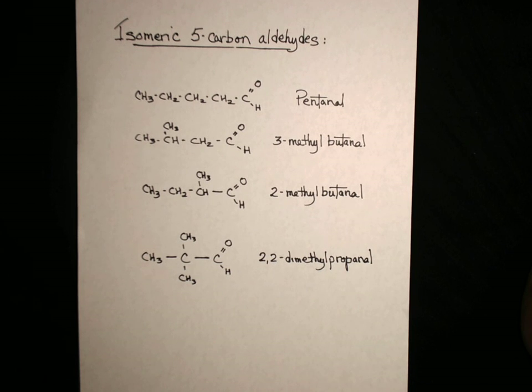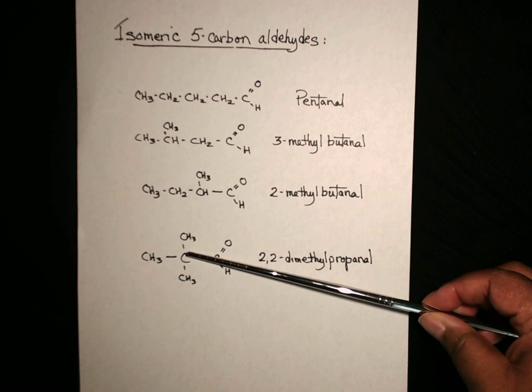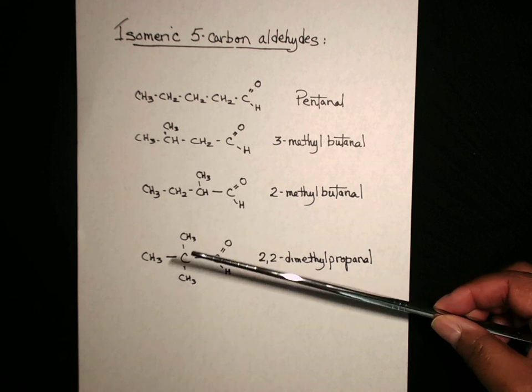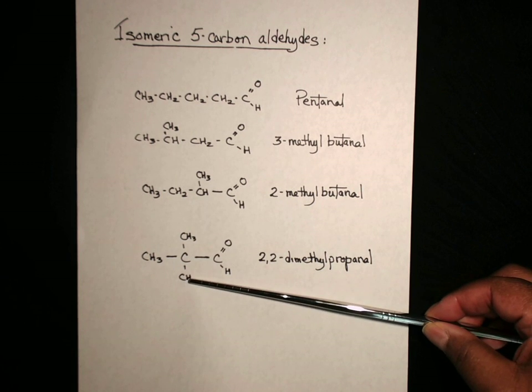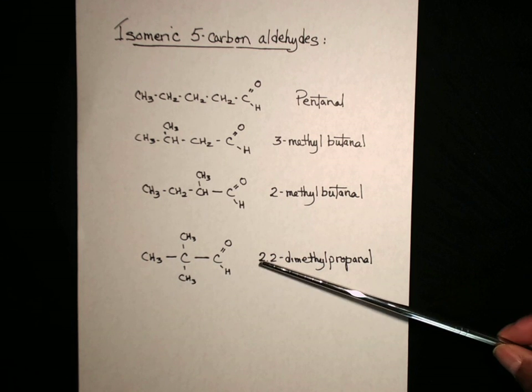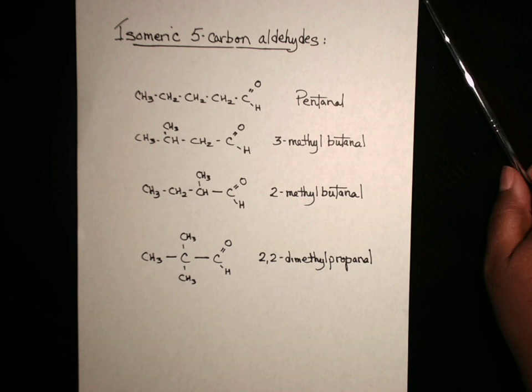So a 3-carbon aldehyde, we said, would be propanal. But you notice I have a methyl coming off carbon 2, and I have another methyl coming off carbon 2. Hence the name 2,2-dimethyl propanal.